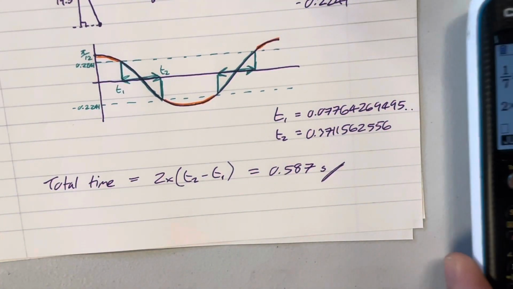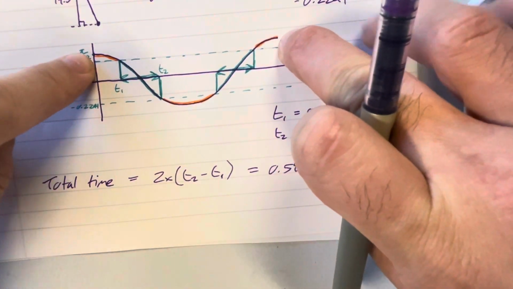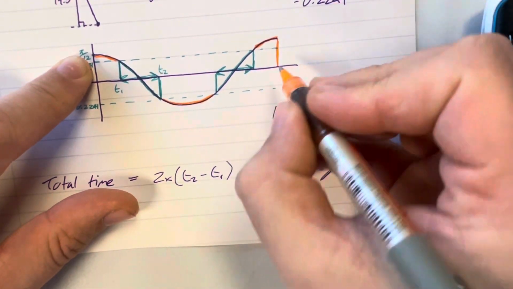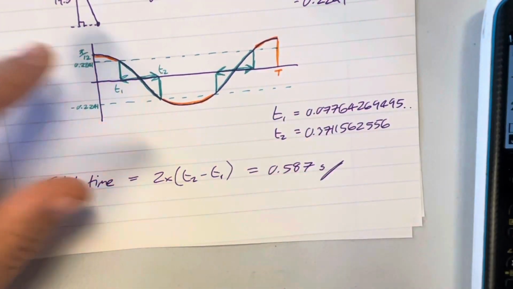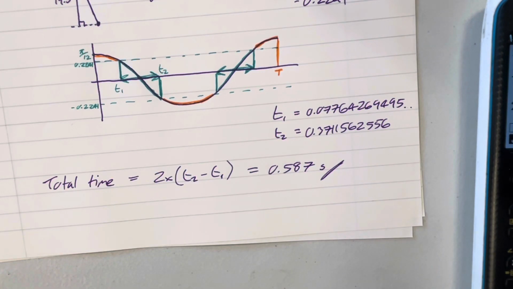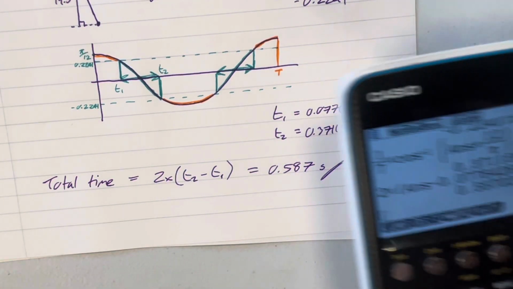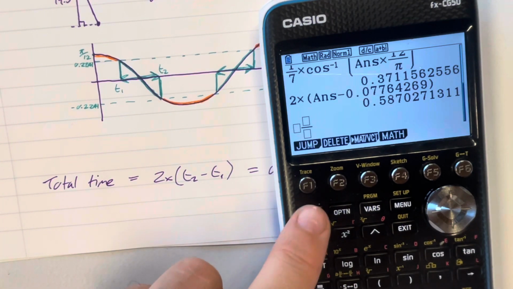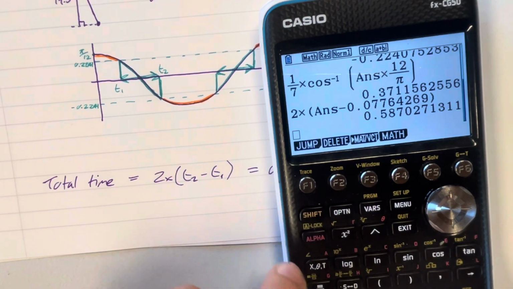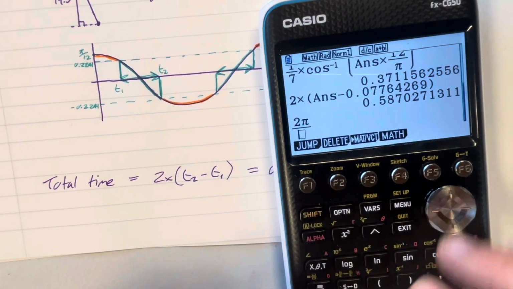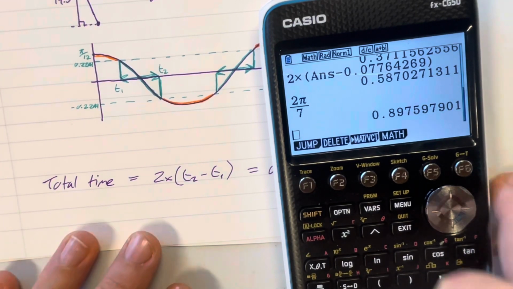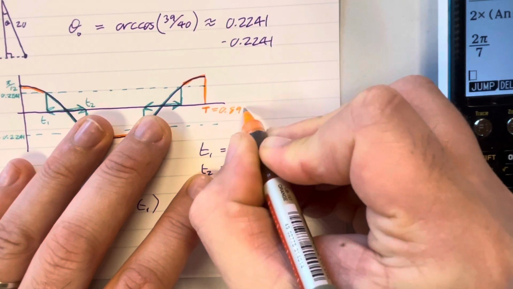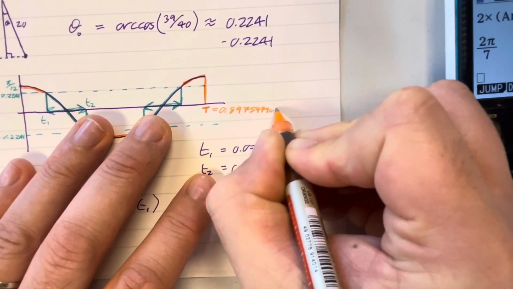So the total period is that distance there. What time does it take to return to its starting position for the first time? That is defined as the period of the motion, and the period is 2 pi over omega. Omega is 7, so the total period is 2 pi over 7, which is 0.8897597901.